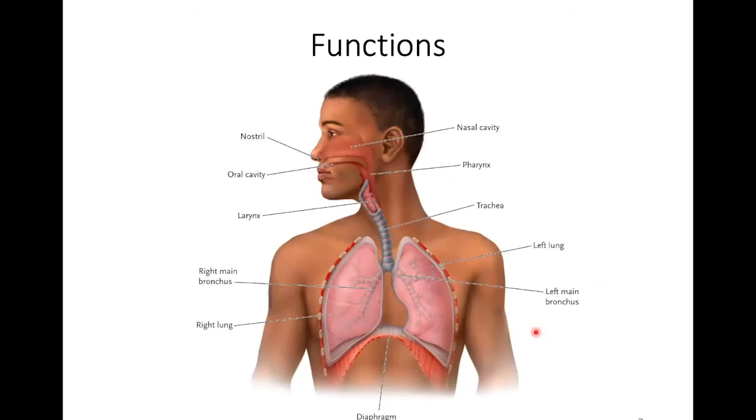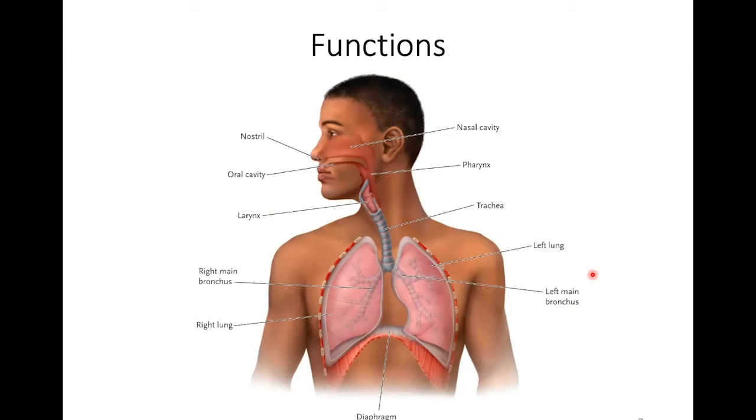One of the obvious functions that we are going to spend more time on next week is the ability for our respiratory system to take oxygen in from the external environment into our blood, and then ultimately remove carbon dioxide from our blood so that we can breathe it out.